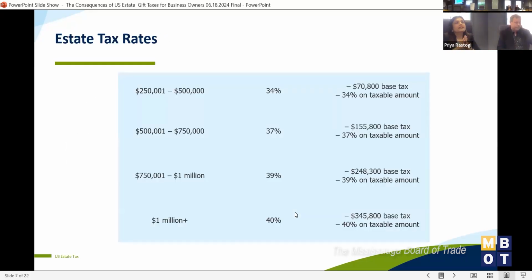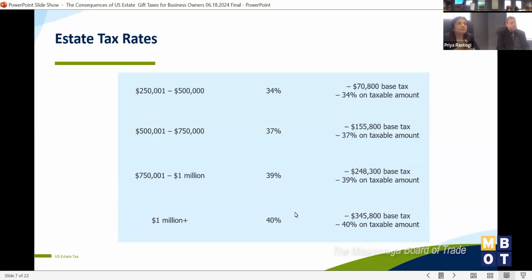So this slide, I purposely put it there so that you can see how US estate tax rates work. As I said a few slides before, as soon as you hit $1 million value of the asset, you hit 40%. You pay the base tier tax based on your net worth, and then you pay tax on the additional as a marginal tax.